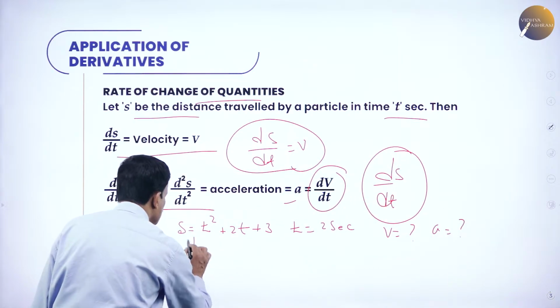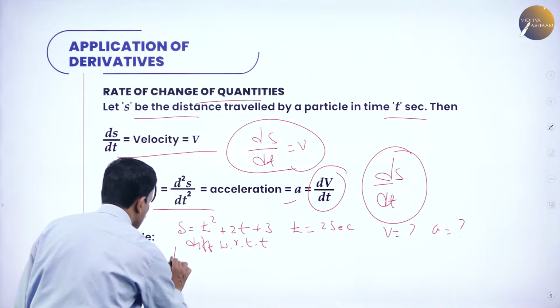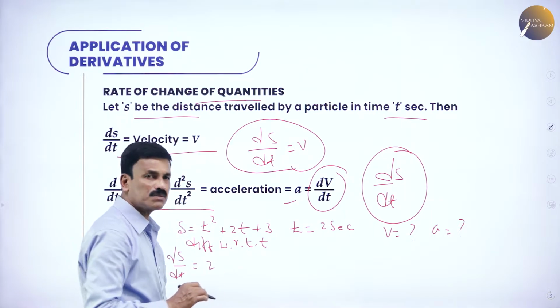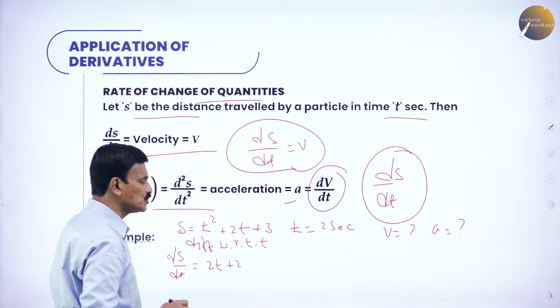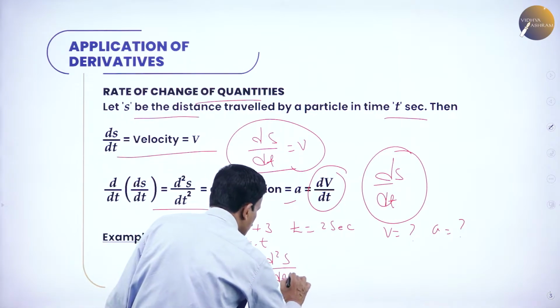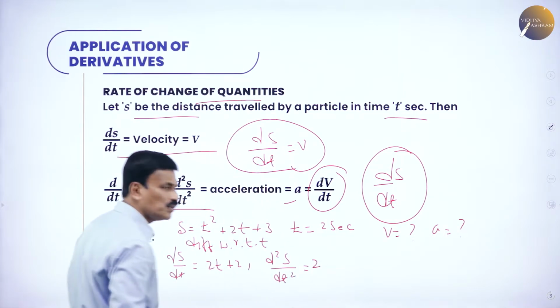Differentiating with respect to t, the rate of change ds by dt is equal to 2t plus 2, since the derivative of t square is 2t and the derivative of 2t is 2. If you differentiate again, d square s by dt square is equal to d by dt of 2t plus 2, which is 2. Now put t is equal to 2.